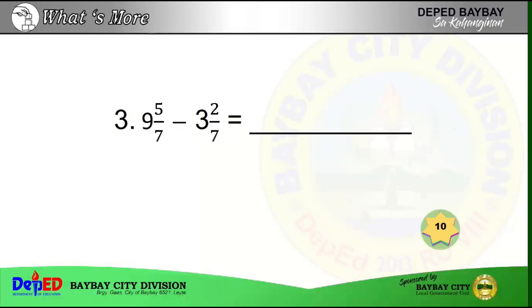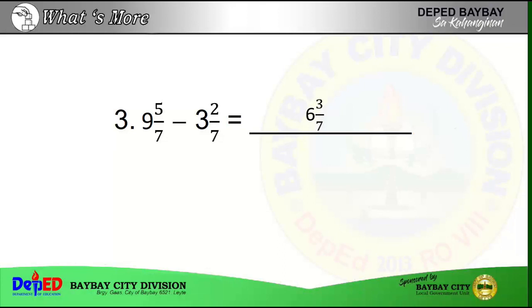Number 3, 9 and 5 over 7 minus 3 and 2 over 7 is equal to... the correct answer is 6 and 3 over 7.